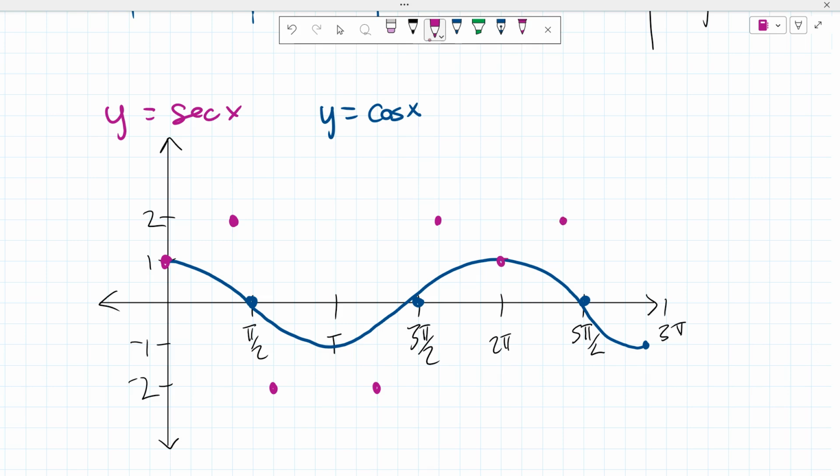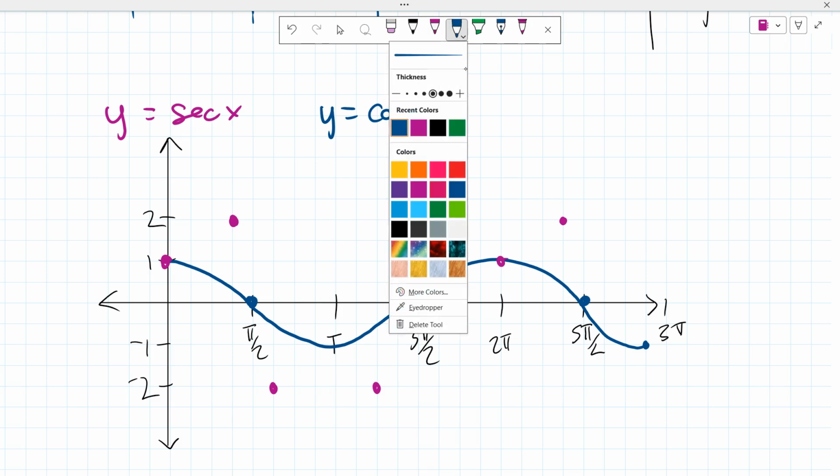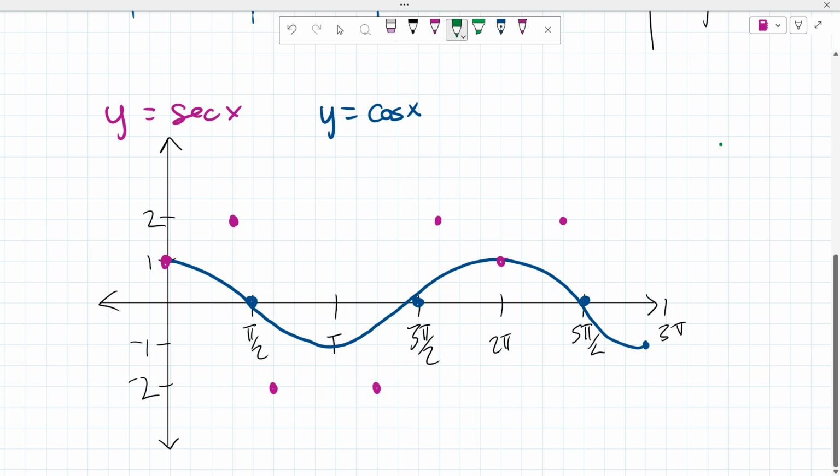What happens where it's at 0? When the cosine is 0, what happens to the secant? What do we know about the secant right there?